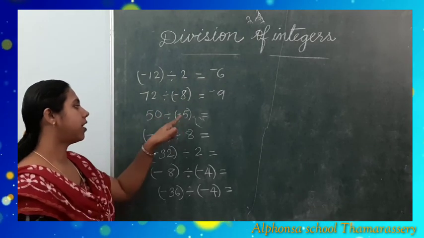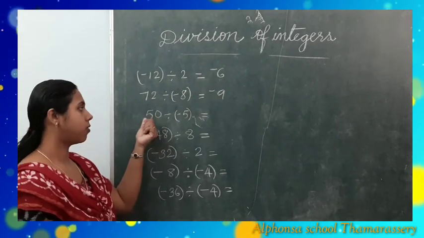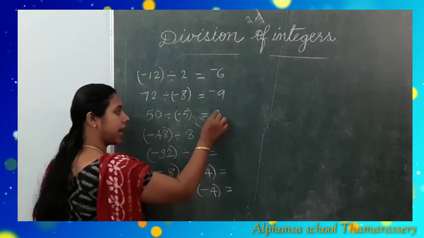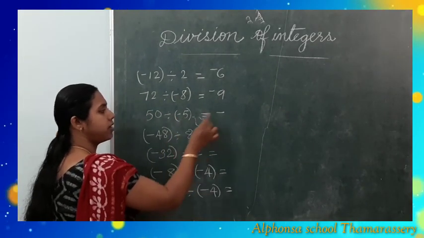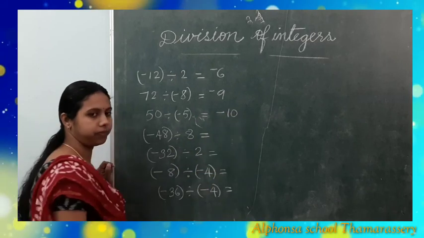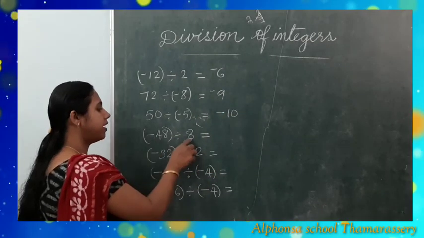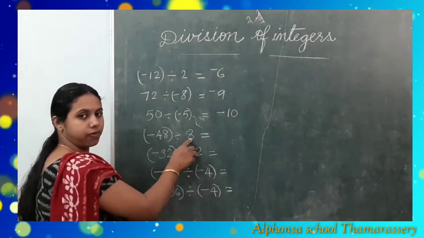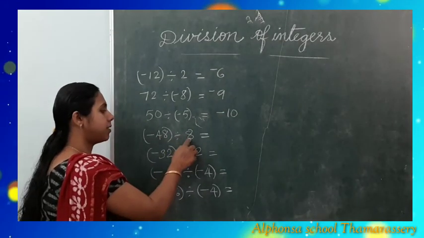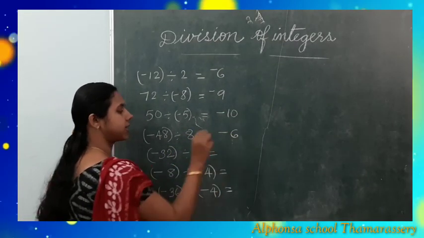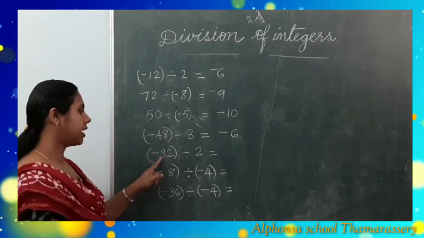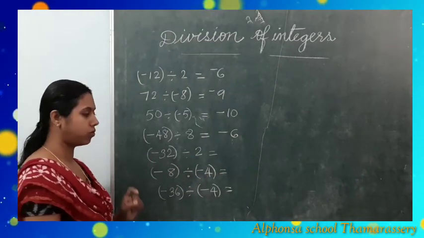Now 50 divided by negative 5. Positive divided by negative is negative. 50 by 5 is 10. Minus 48 divided by 8. 8 sixes are 48. So minus 48 divided by 8 is minus 6. Minus 32 divided by 2.